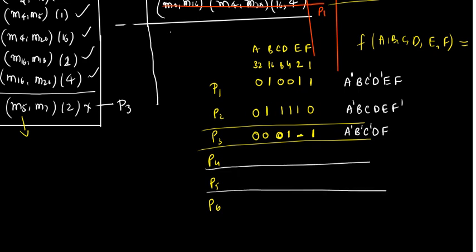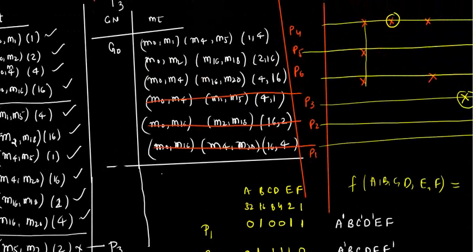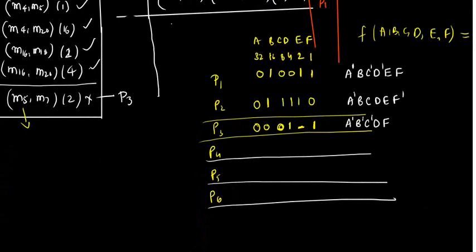What was P4? P4 is M0, 1, 4. We want three things, right? 0, 1, 4. So I would say 1, 4, and the rest are zeros. Correct? So A prime, B prime, C prime, F prime, E prime, sorry.